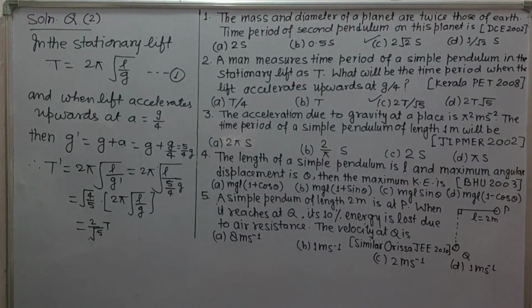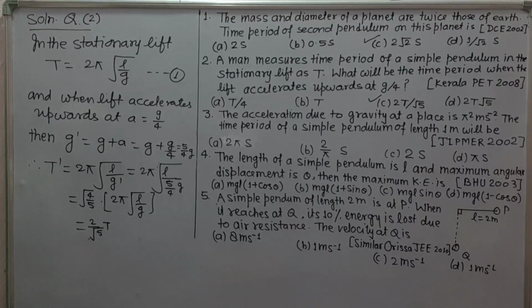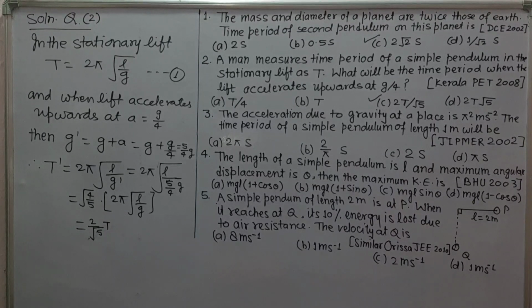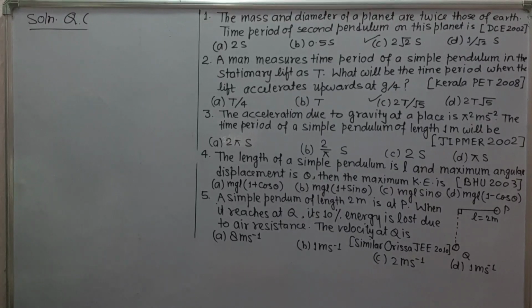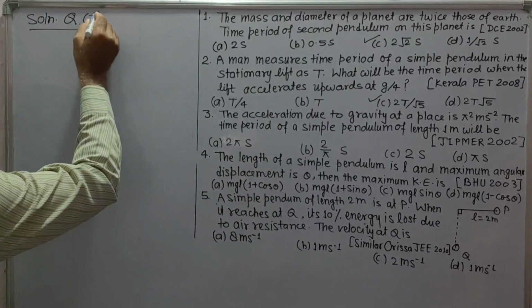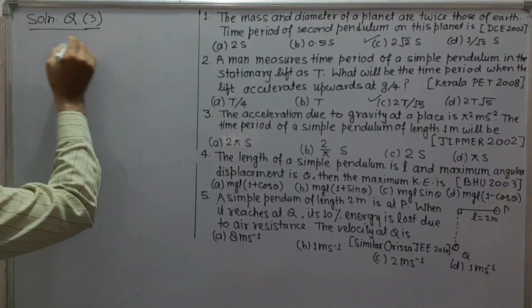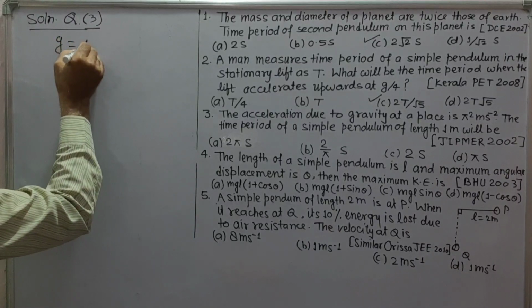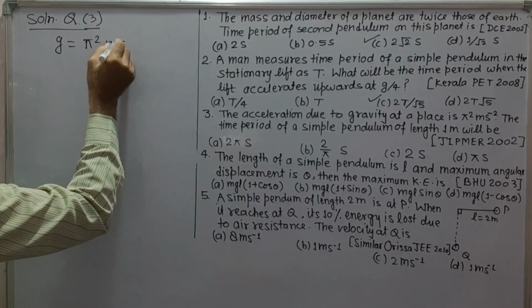Next question number 3. The question is, the acceleration due to gravity at a place is pi square meter per second square. The time period of a simple pendulum of length 1 meter will be. These are the options. Now, solution to question 3. Here, g is given to be pi square meter per second square.